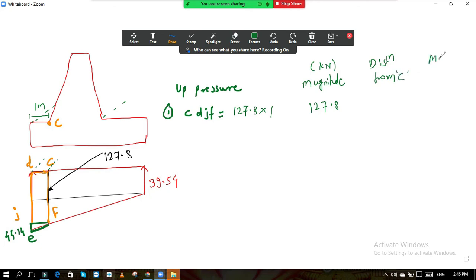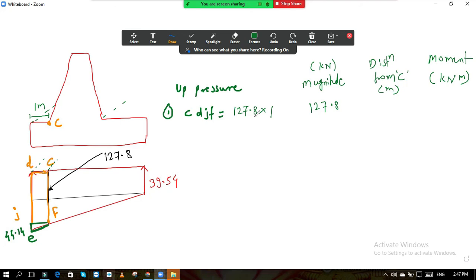And then moment in kilonewton meter, and distance it is in meter. So what is the distance from point C?